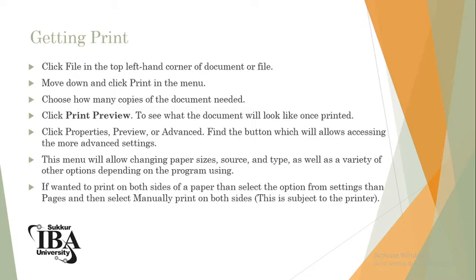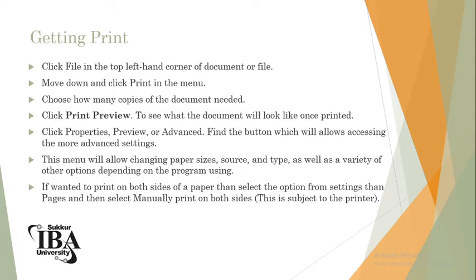Click properties, preview or advanced. Find the button which will allow accessing the more advanced settings. This menu will allow changing paper sizes, source and type, as well as a variety of other options depending on the program being used.